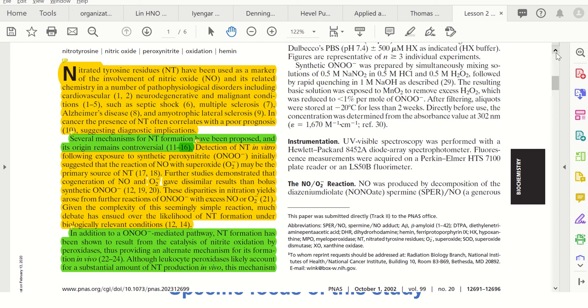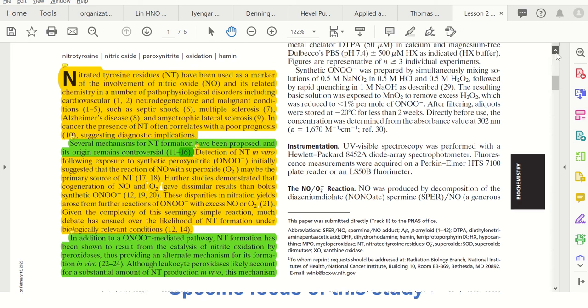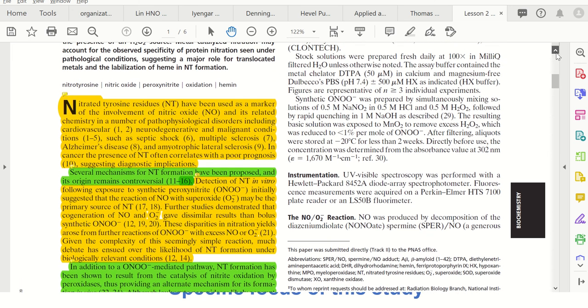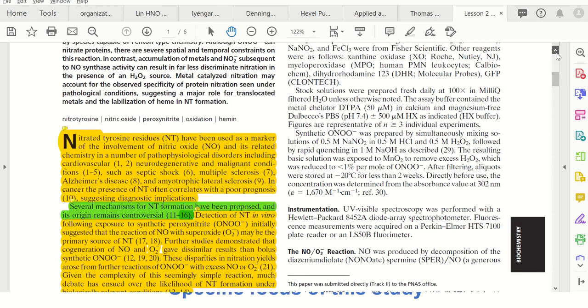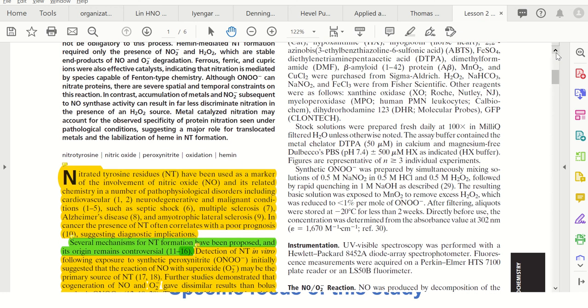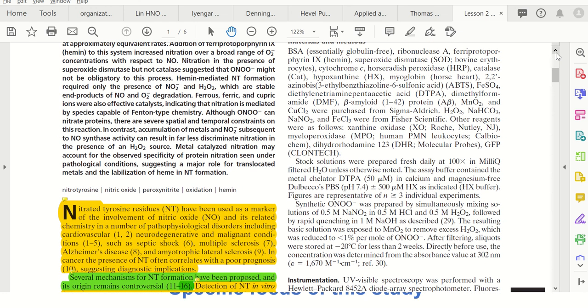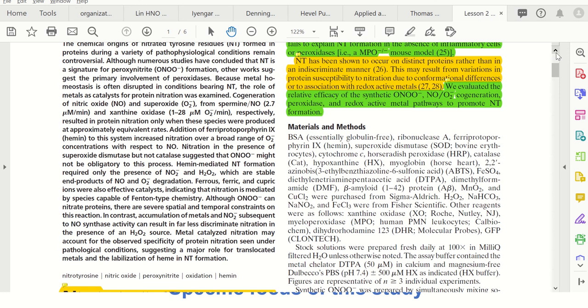Again, this hints at what the purpose of the paper is: to provide data that either helps indicate that both of these pathways occur or maybe just one or the other. Okay.